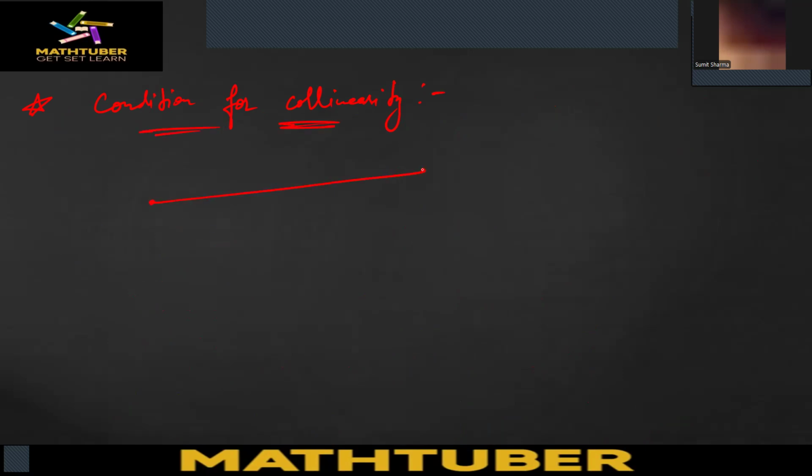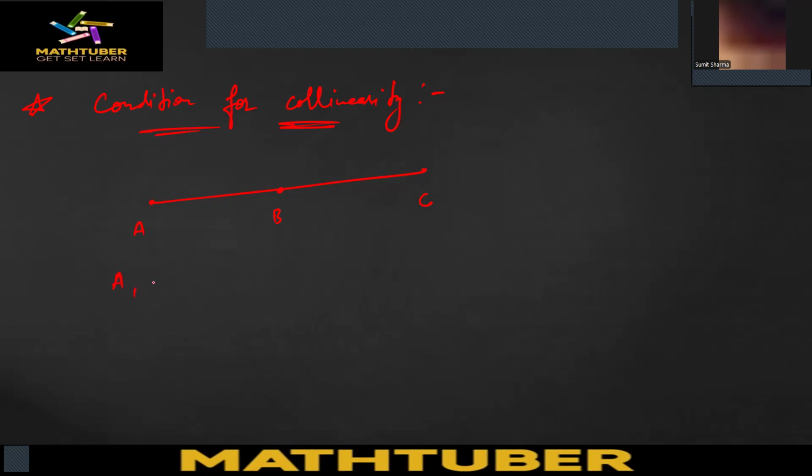Suppose there are 3 points A, B, and C. If we want to prove that these points are collinear, we have to find the direction ratios of the AB vector and the direction ratios of the BC vector, and prove that they are proportional to each other.